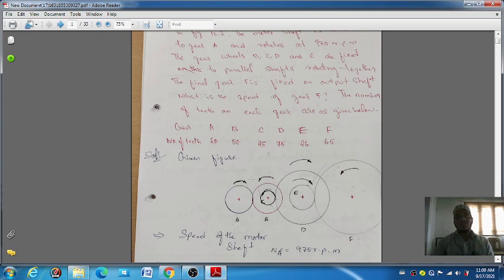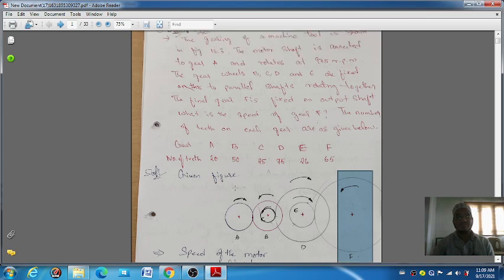Here you can see, because the diagram is given in the question. Gears B and C are connected on shaft 2, and gears D and E are connected on shaft 3. Like that, gear F is connected on the 4th shaft.